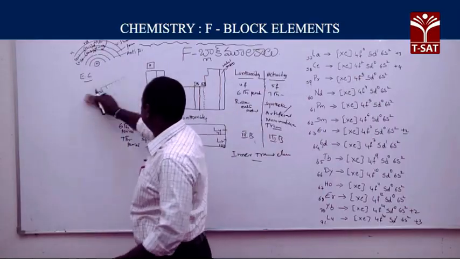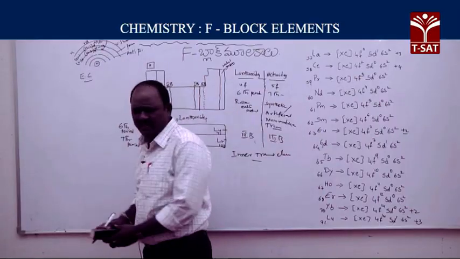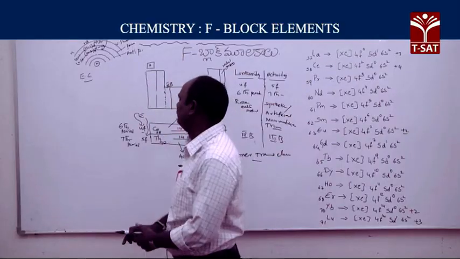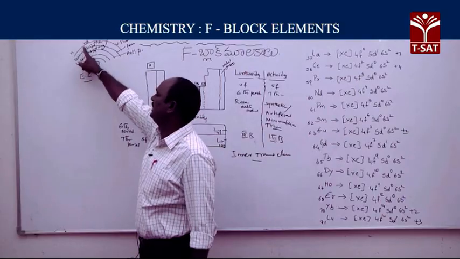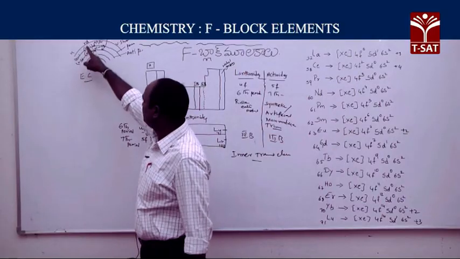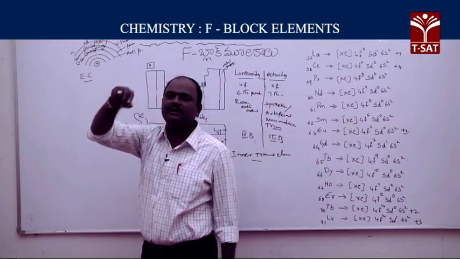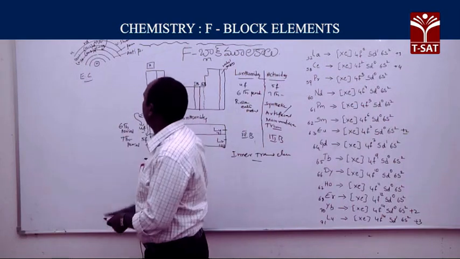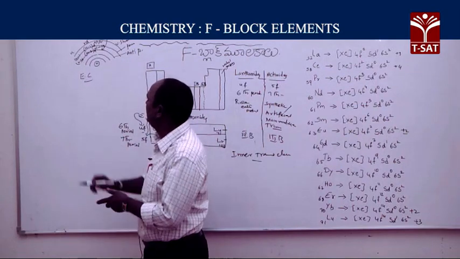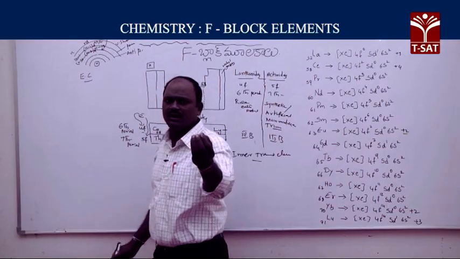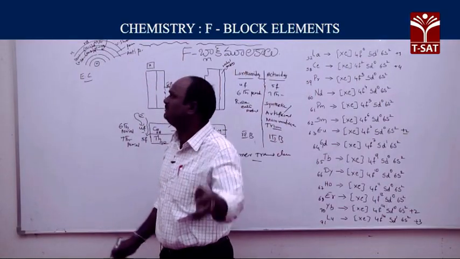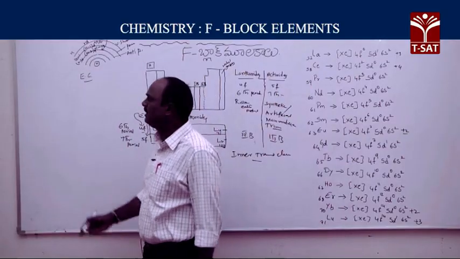Just by observing this, you can write the electron configuration without by-hearting. Observe please, ns2. The outermost orbit is completely filled with 2 electrons in the s sublevel, whereas in the penultimate shell, the n minus 1 d is filled with 1 or 2, sometimes no electrons in the d orbitals.